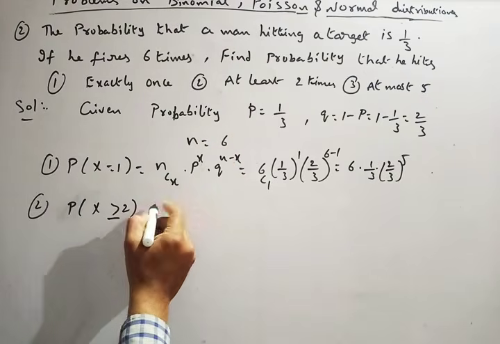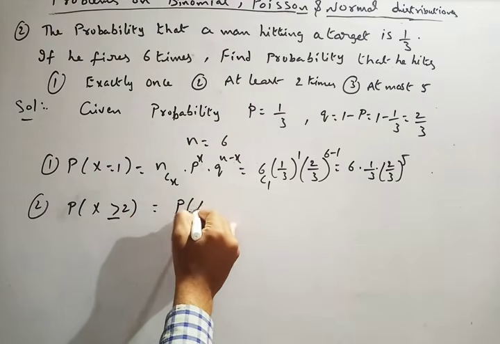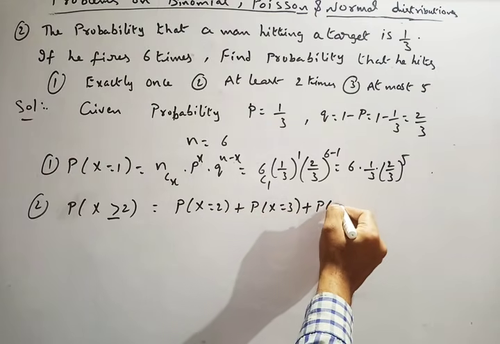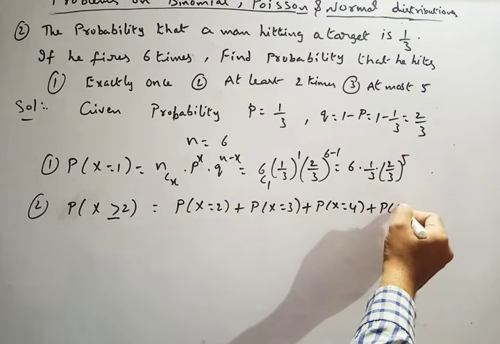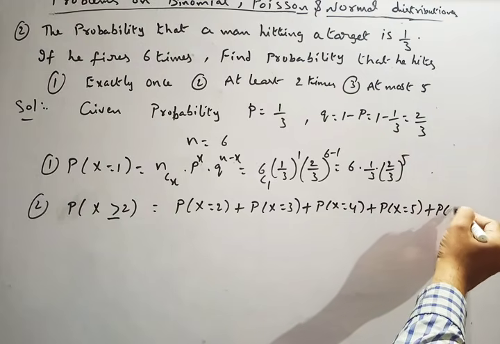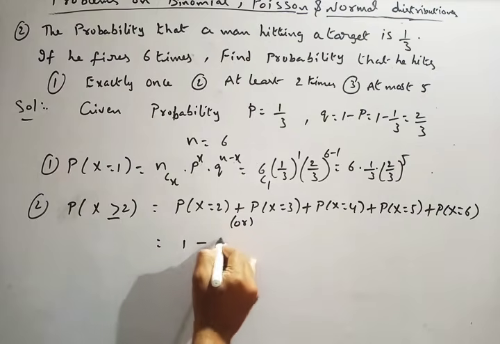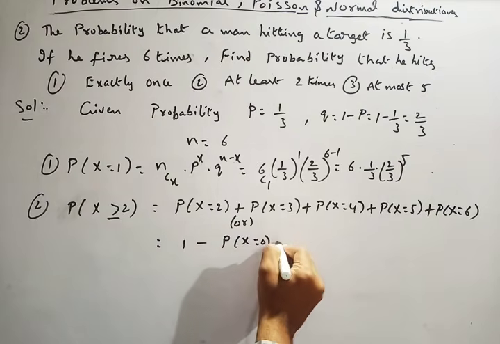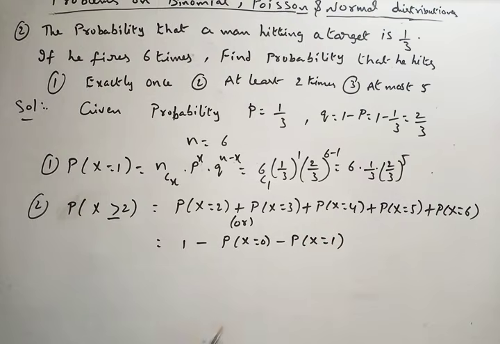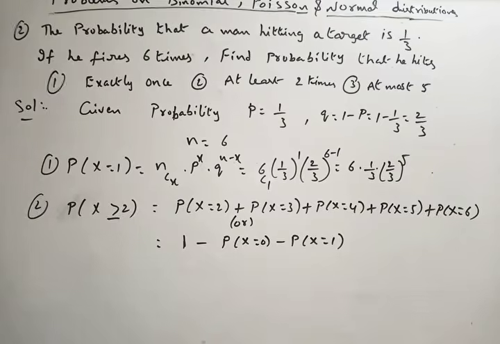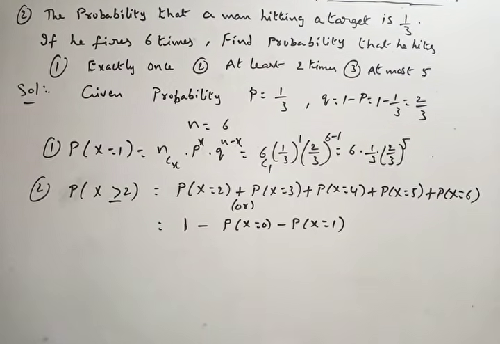So you need to start from 2, 3, 4, 5 and 6 and find each. Otherwise, you can simply write 1 minus P of x is equal to 0 minus P of x is equal to 1. The total probability is 1, so if you subtract P of x is equal to 0 and P of x is equal to 1 from 1, you will get the same answer.